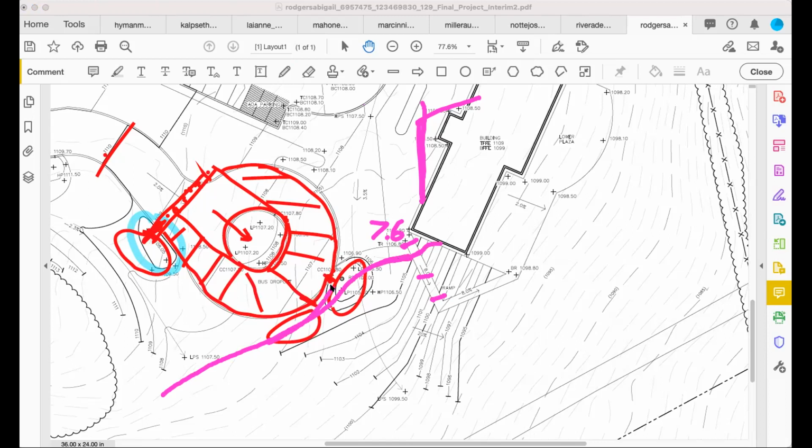Your 7 could be somewhere here, because your revision of 8 is likely there. I imagine the 7 would be somewhere here, going around like that.